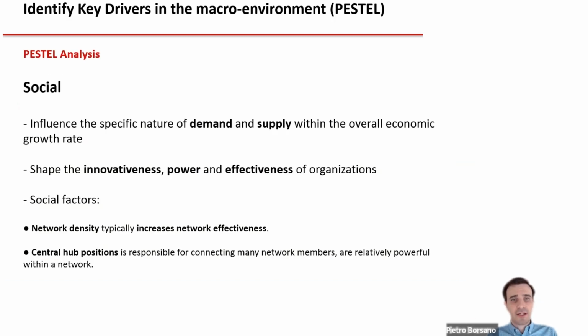The third dimension of a PESTEL is the social dimension. This is specifically related to society, and these factors also impact the demand and supply, and the innovativeness and productivity in organizations.